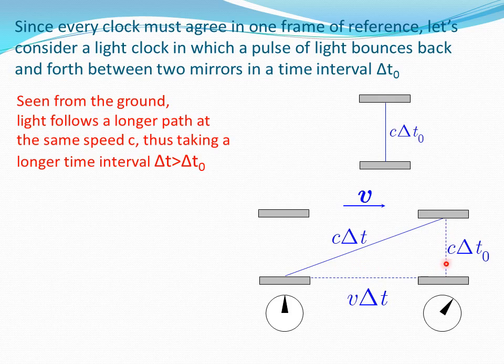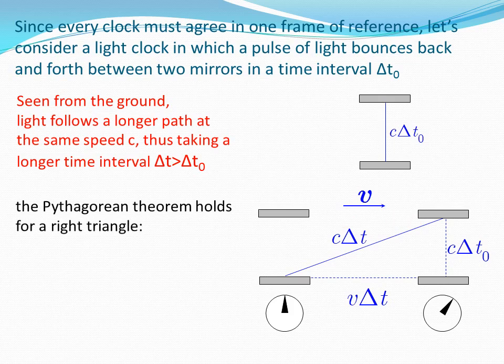And the other cathetus is the time delta t0 it takes the light to go from the first to the second mirror in the reference frame we have studied first, times the speed c, and the hypotenuse is the actual path of the light as seen from an observer at rest with the ground, with respect to whom the clock is moving toward the right.